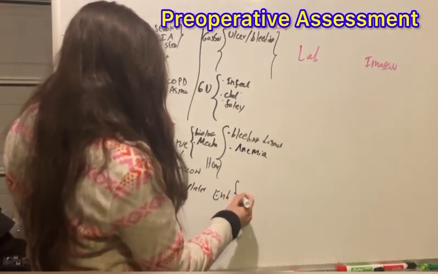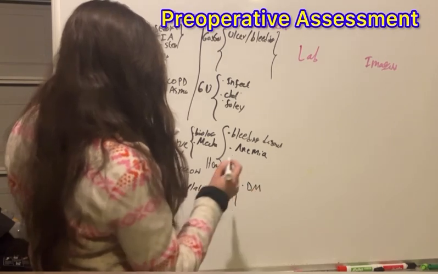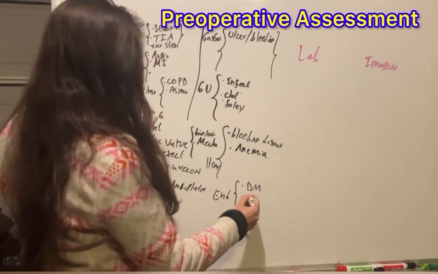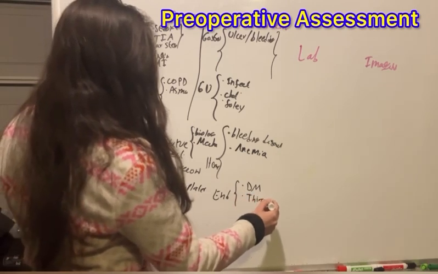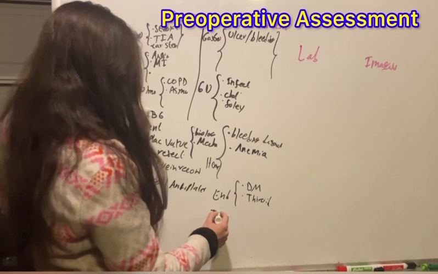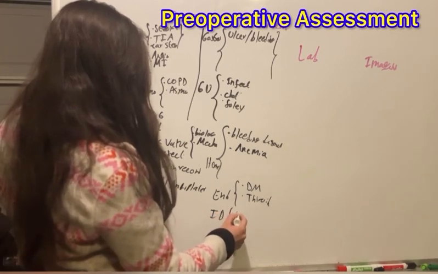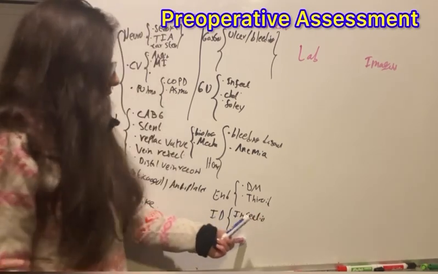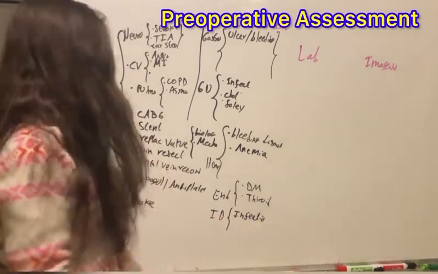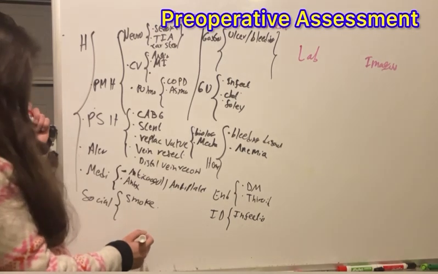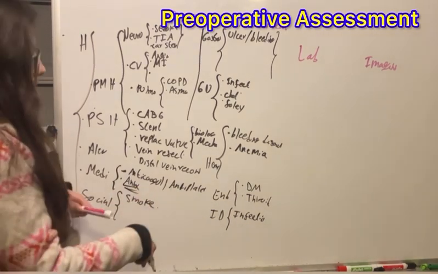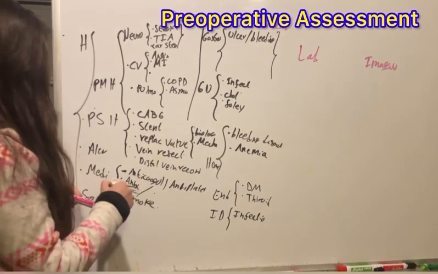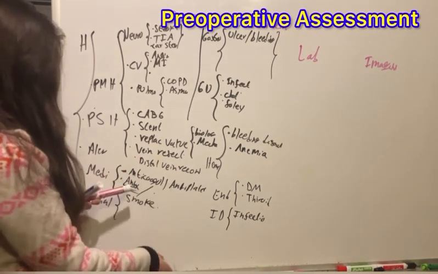Endocrine, if the patient has diabetes mellitus or any other endocrine abnormalities like thyroid abnormalities, and if the patient currently has or was treated for an infection, and if yes, which antibiotic, and any other medication the patient is taking.